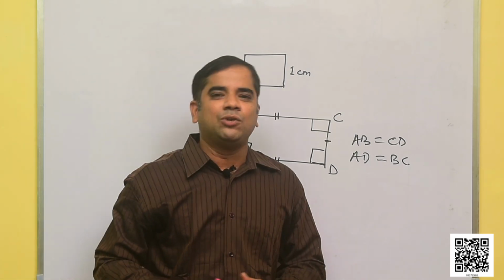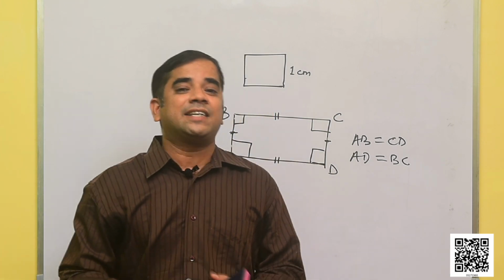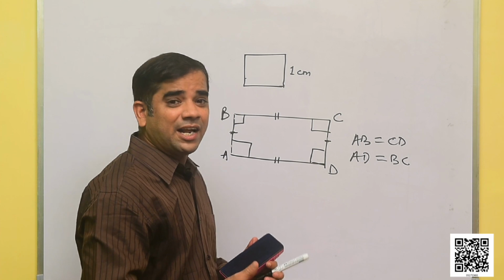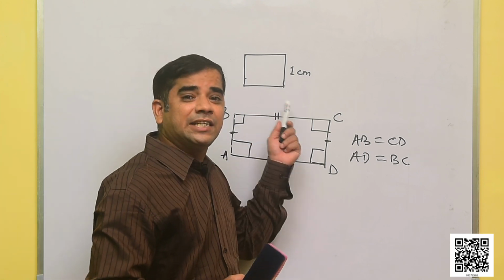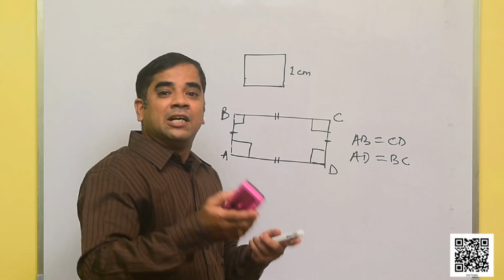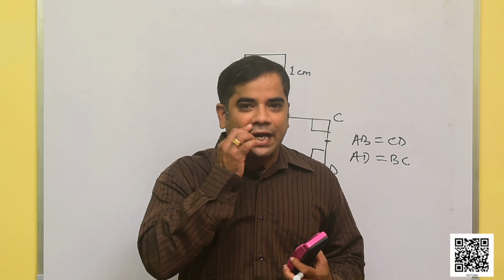Now as you can go through your book, it is asking to create rectangles having 12 squares. So let's do it. As I have already told you, each square has a side of 1 centimeter and in your book the picture is given with a dotted rectangle.